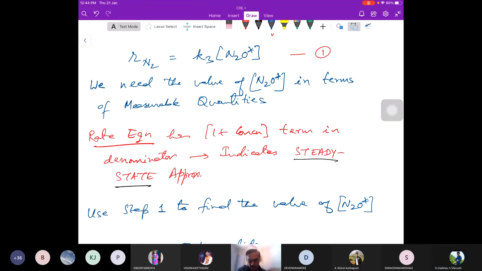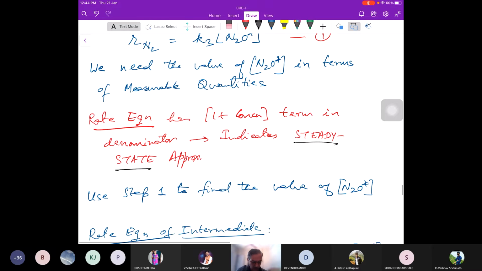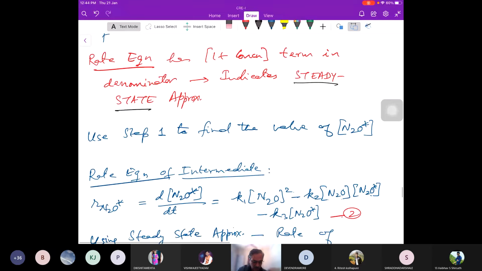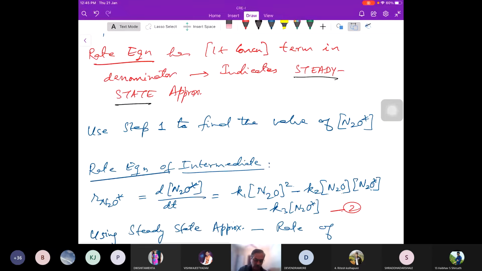Rate of formation of intermediate is equal to 0, right? Or rate of change of intermediate is equal to 0. बराबर? dx by dt is equal to 0. बराबर. Now, what we find out? We don't use step 1. We use step 1 plus step 2. That's the difference. पहले इसमें step 1 use किया था.